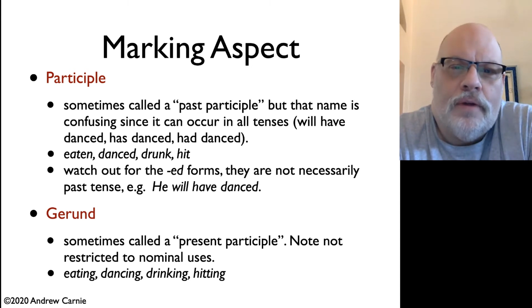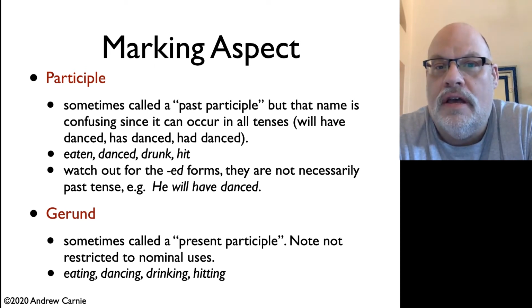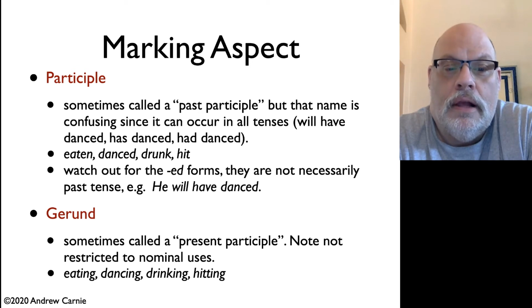So instead, we're going to call it something else. We're going to call it a gerund. Now the word gerund in traditional grammar is restricted to nominal usages of verbs with the ing suffix. So the eating of the apple, the dancing was out of control. Those kinds of phrases are gerunds.